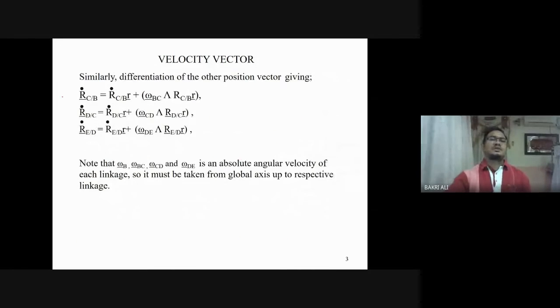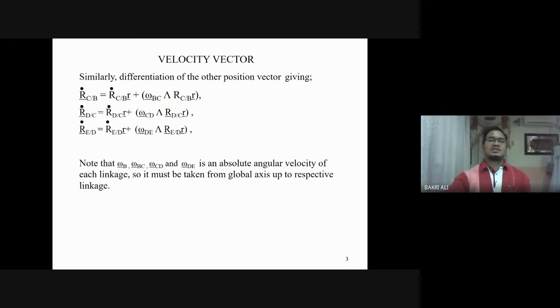Once we differentiate r_C/B as well, we get r_C/B dot r plus omega_BC cross r_C/B r, and r_D/C dot in the unit vector r, and omega_CD cross r_D/C r, and so on for r_E/D. So for every position vector we get two components of the velocity vector, linear velocity and rotational velocity.